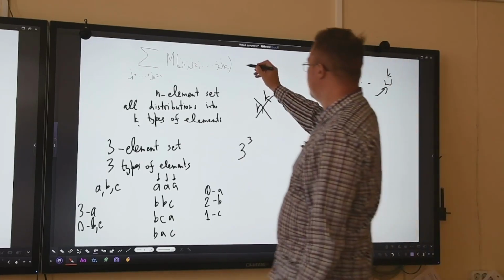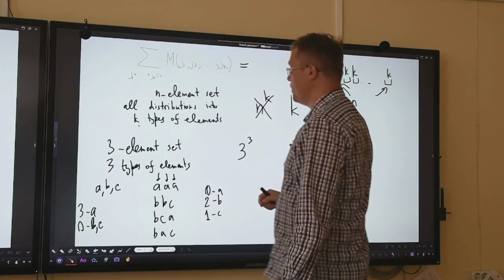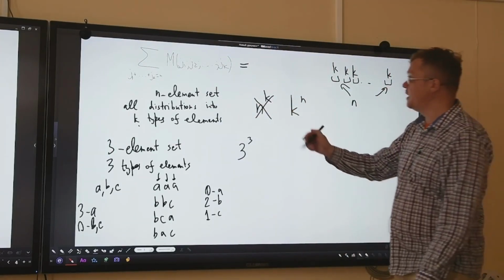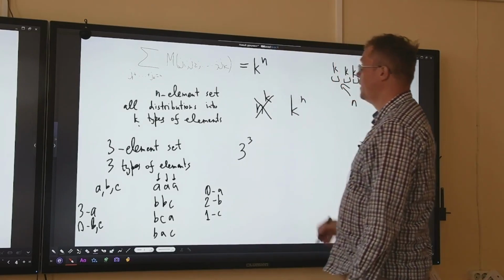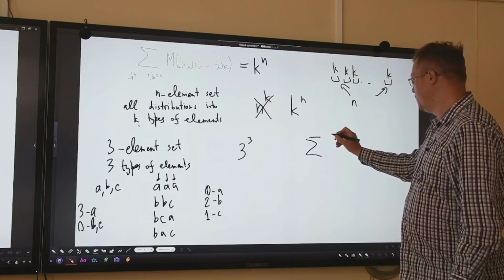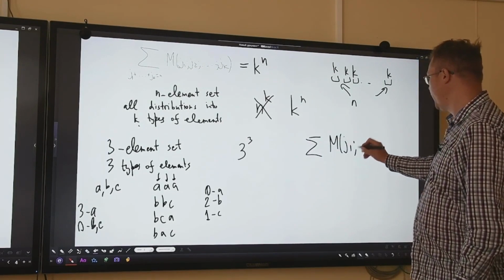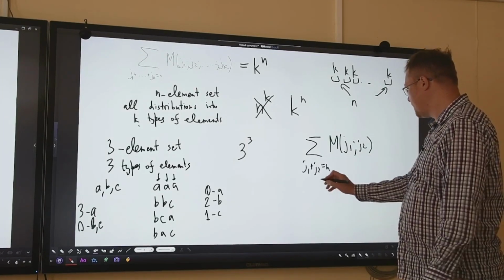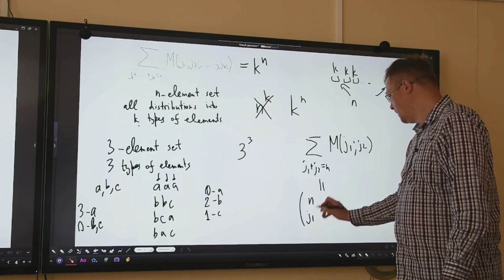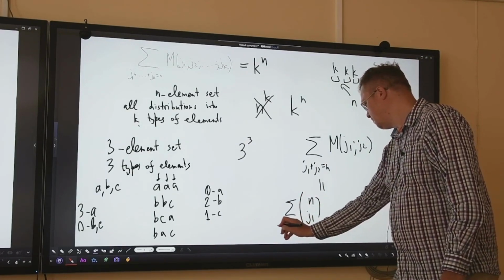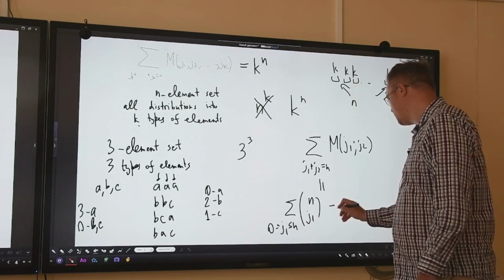So I can write that this sum of multinomial coefficients is nothing but all distributions of an n element set into k types of elements, and this will be k to the power n. And this reminds you of the binomial theorem, because if we have only 2 types of elements, this is nothing but the sum of binomial coefficients, and this is 2 to the power n.